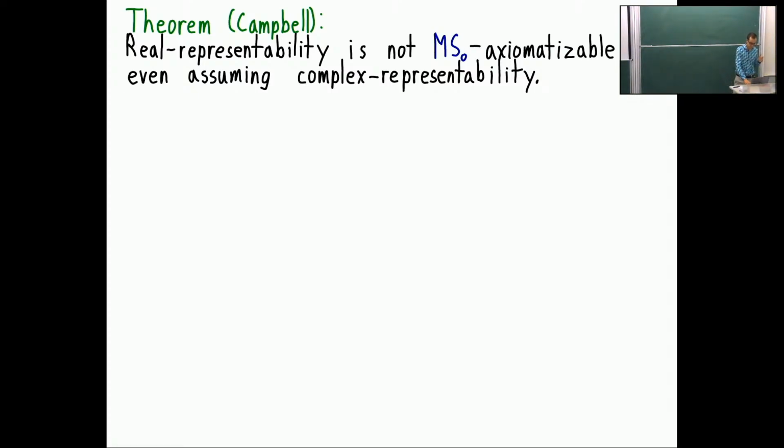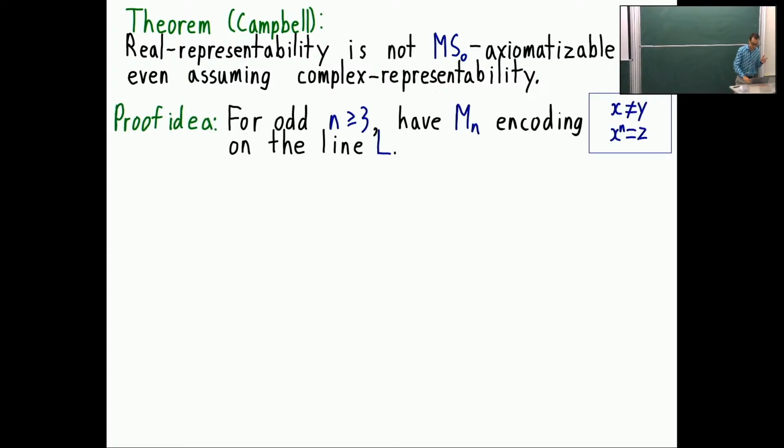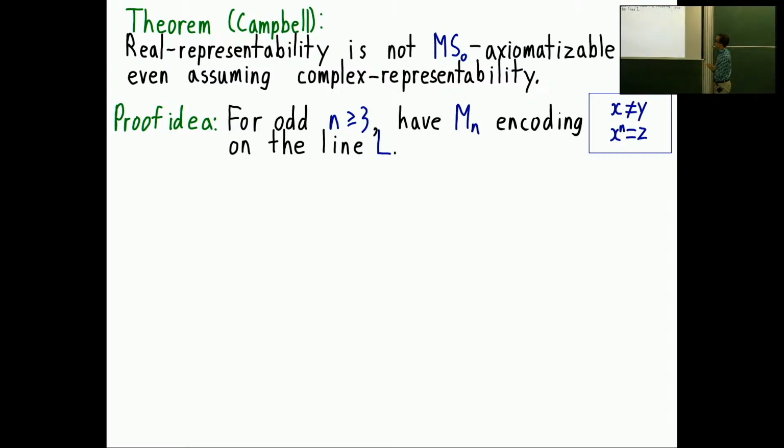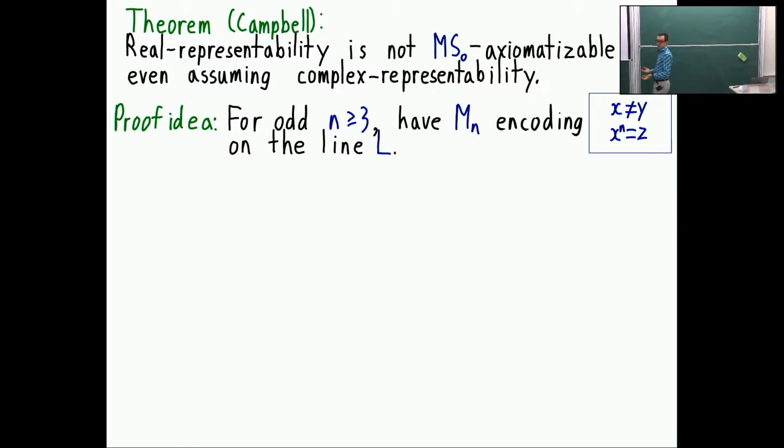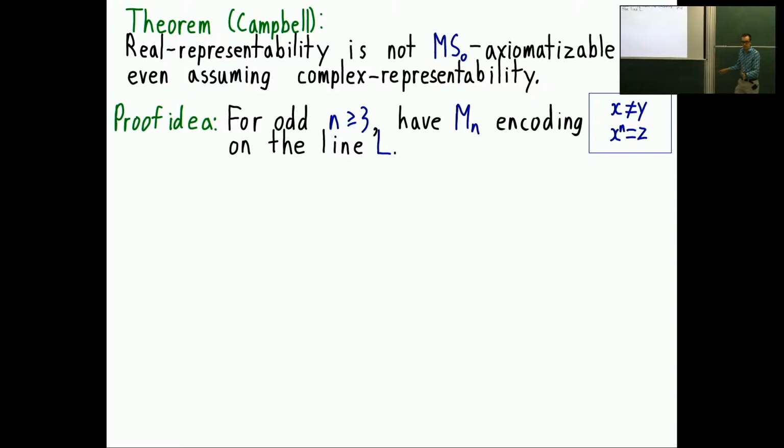Okay. So for this, for odd n, we'll have a matroid encoding x is not y, but x to the n is z on a line.